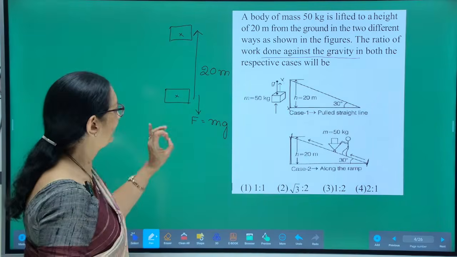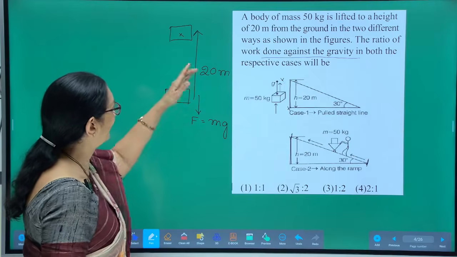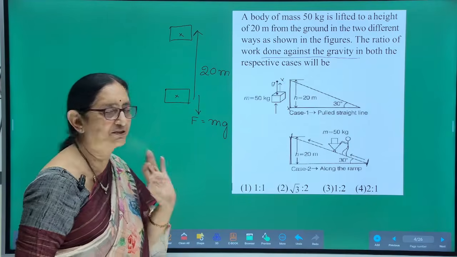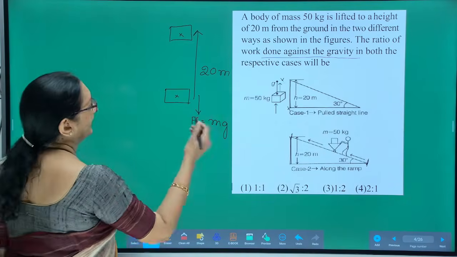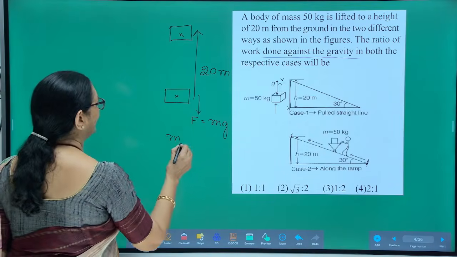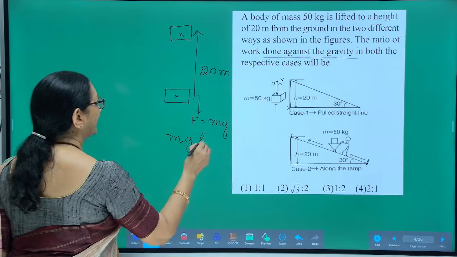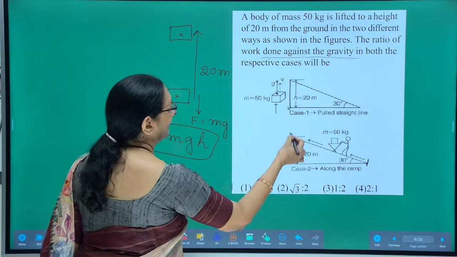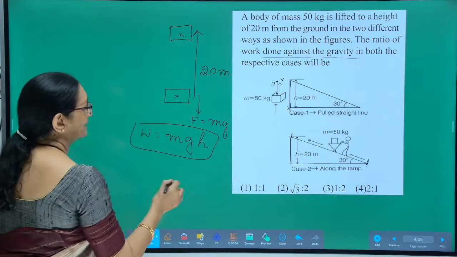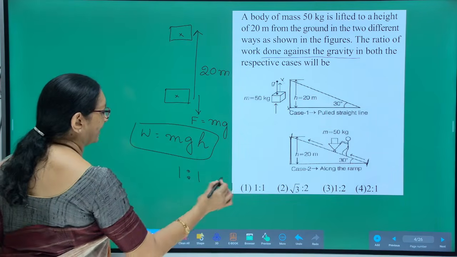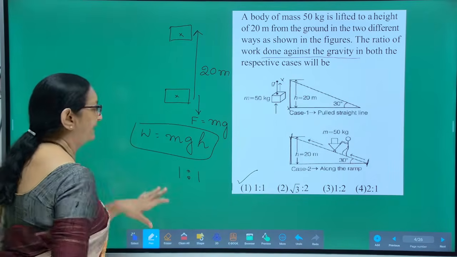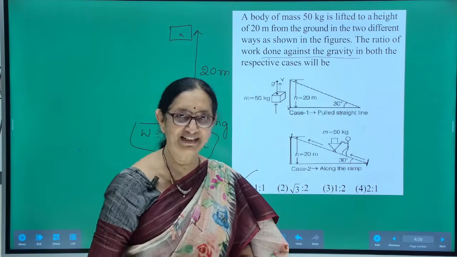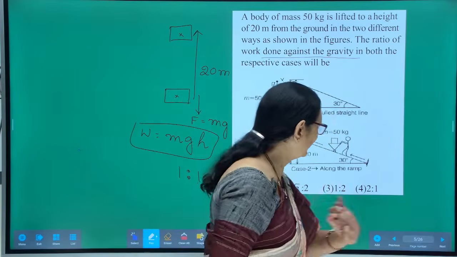So, here along the vertical, force is mg, vertical displacement is h. So, work done against the gravitational force is mgh in both cases, because vertical displacement is the same in both cases. So, the ratio of works done in both cases is just 1:1, right. Now, move on to the next.